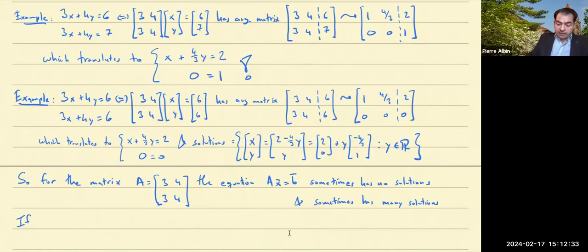If, on the other hand, a matrix is invertible, well, here, let me call this matrix M, just to emphasize that I'm not talking about this matrix A, but just an arbitrary matrix.